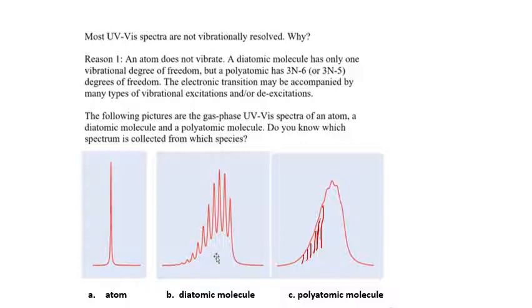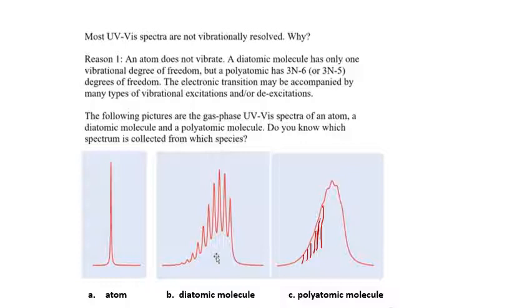So in summary, we can say that an atom does not vibrate; it is a single atom. But a diatomic molecule has only one vibrational degree of freedom, so that is why you are getting these fine splittings in the absorption spectra. But for a polyatomic molecule, there are several such degrees of freedom.